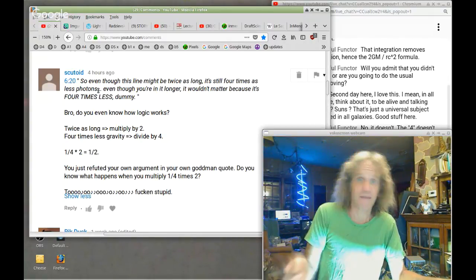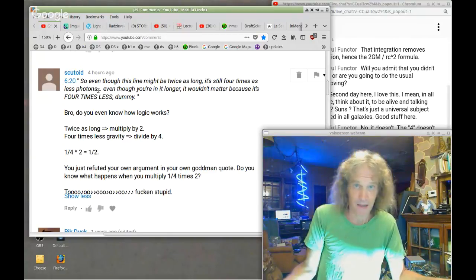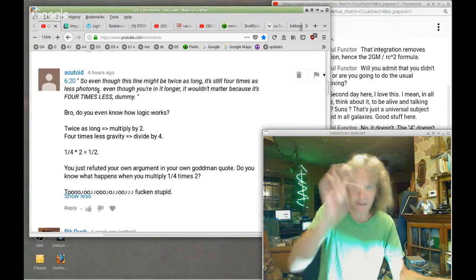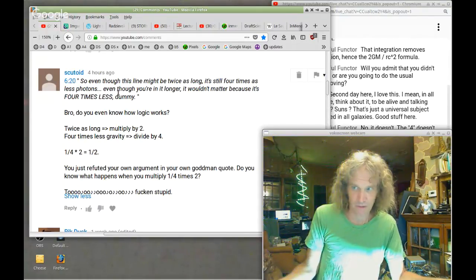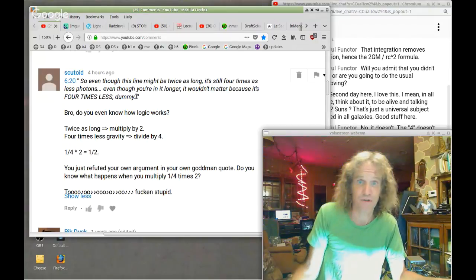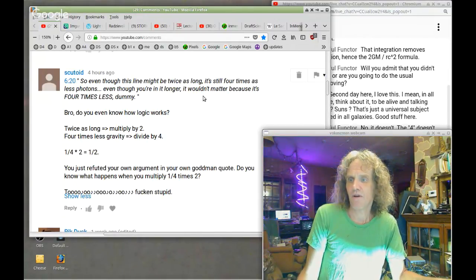I don't believe that's anything like legitimate mathematics. So I don't think erasing the R squared, the square on the R, just for photons has any legitimacy whatsoever. So obviously I was talking in terms of the inverse square law still being a reality. Even though you're in it longer, it wouldn't matter because it's 4 times less, dummy.